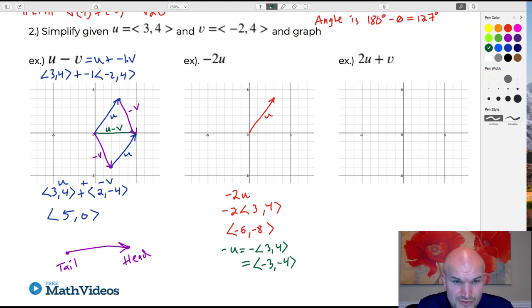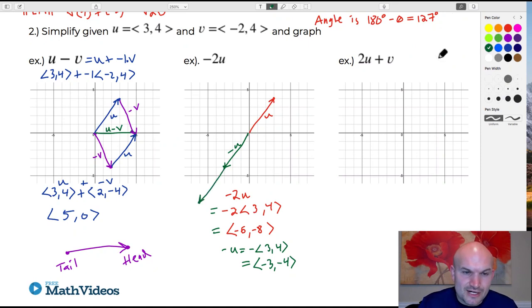So it would be negative 1, 2, 3, down 4. So there's negative u. And if I'm doing negative 2u, well, that's going to be negative 6, negative 8. So 5, there's 6. So this is 6, 7, 8.